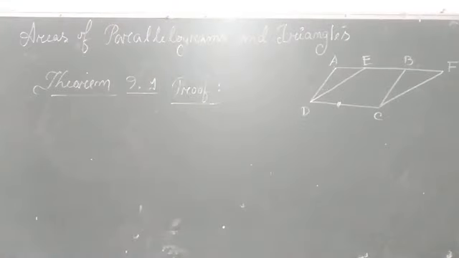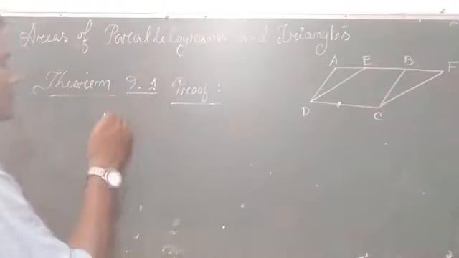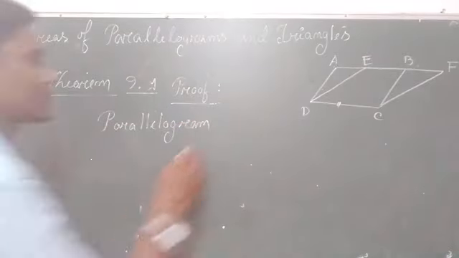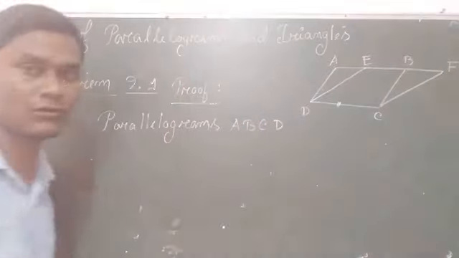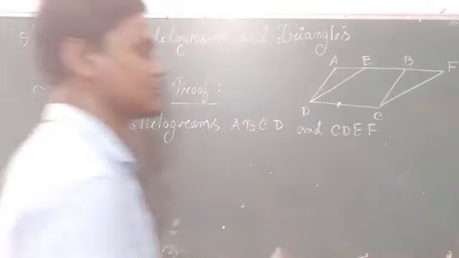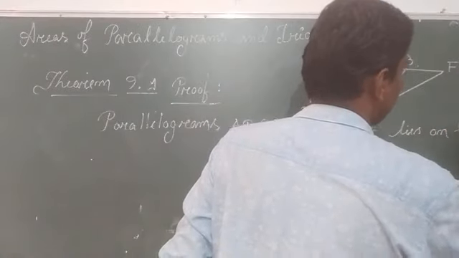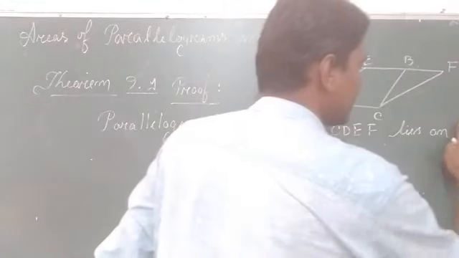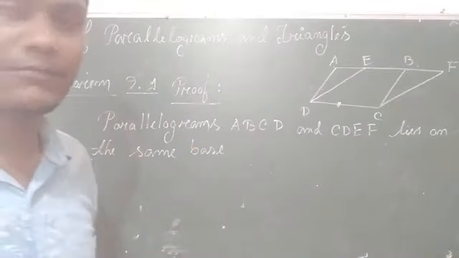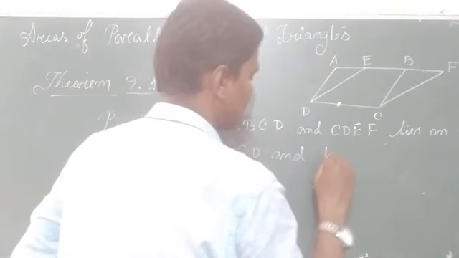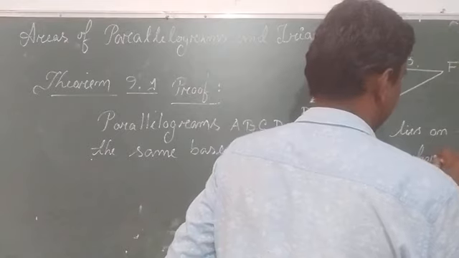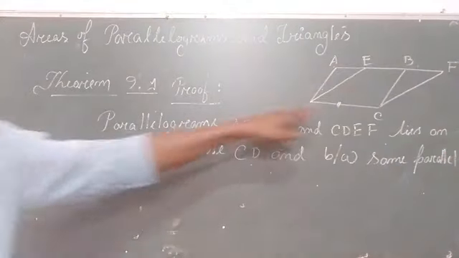Two parallelograms are there on the same base and between the same parallels. Given parallelograms ABCD and CDEF lie on the same base CD and between the same parallels CD and AF.